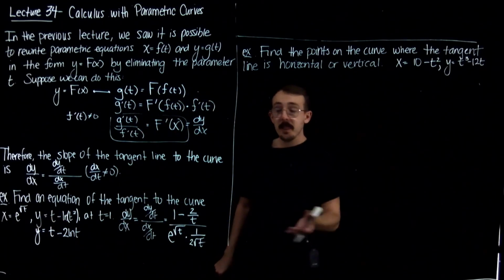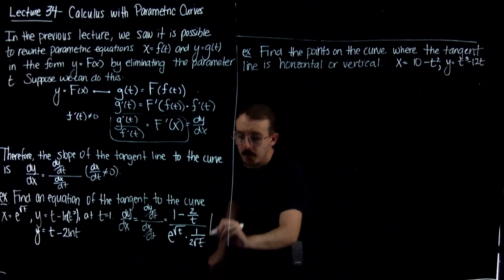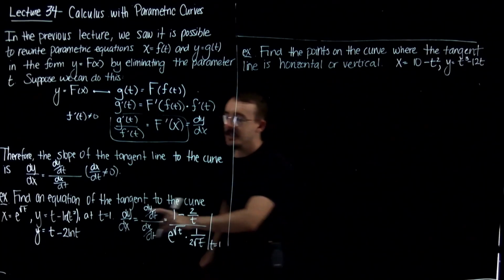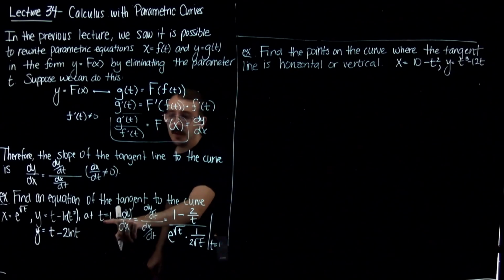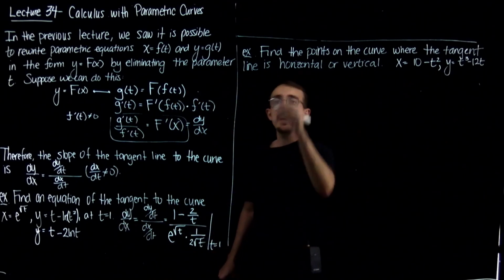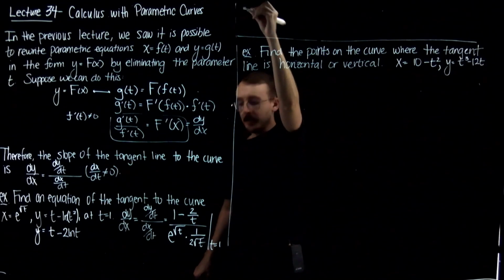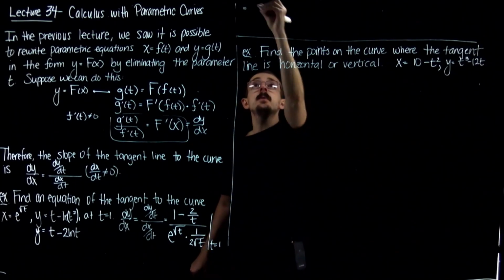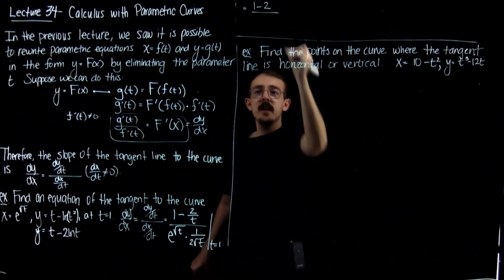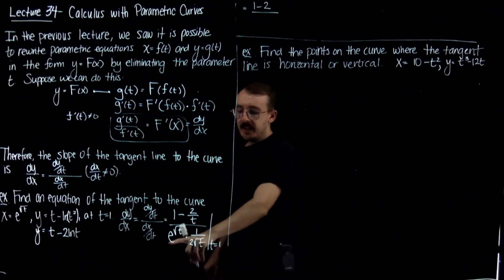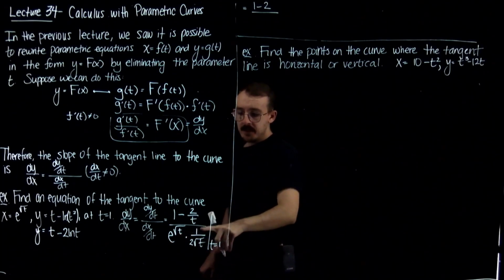So what I need to do now is plug in t equals 1, because that is the specific spot I'm looking at in the problem. If you plug in 1 into this, this is going to be equal to 1 minus 2 divided by, and then I have e to the first power times 1/2.